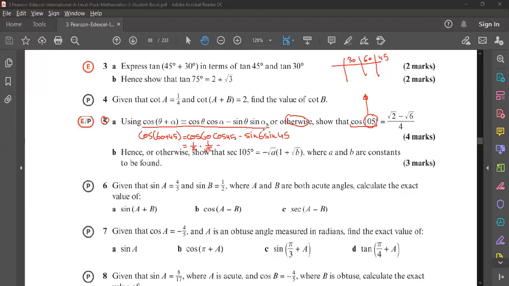Yes, sine 60 is square root of 3 over 2, times 1 over square root of 2. And doing 1 over 2 square root of 2 minus square root of 3 over 2 square root of 2, which is equal to square root of 3 over 2 square root of 2. Are they the same?